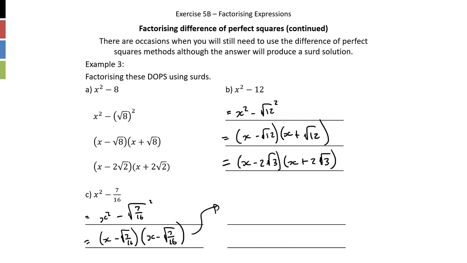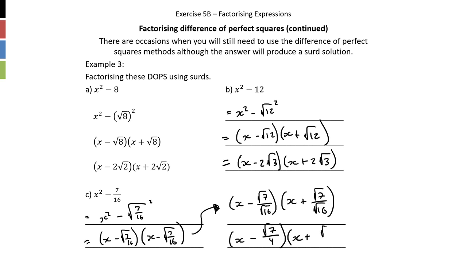Using our third laws, and I'm going to put in a step here, so we might be able to skip this. Using our third laws, that's x minus root 16, x plus 1 square root of 16. Square root of 16 is easy to simplify, so our final answer is x minus 4, x plus 4. So the big thing here is we're looking for two terms with subtraction, and one of them is already a square.